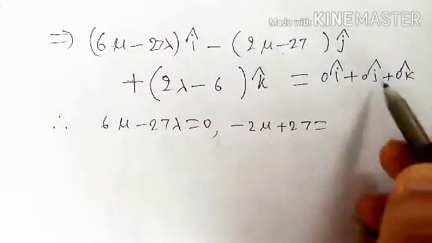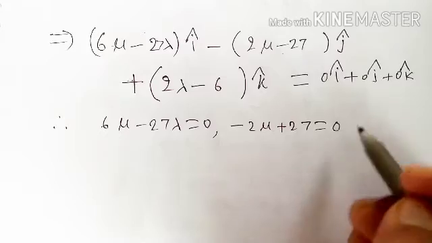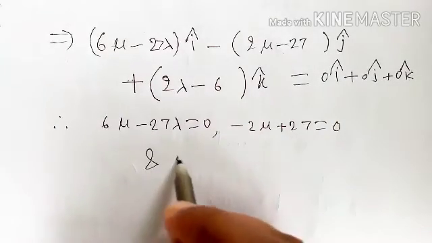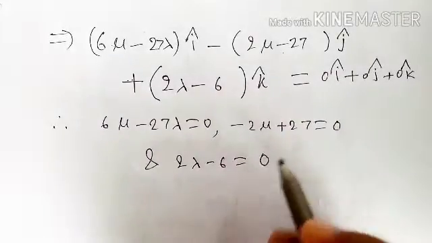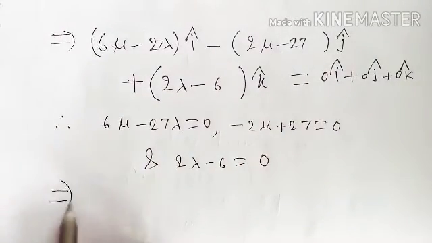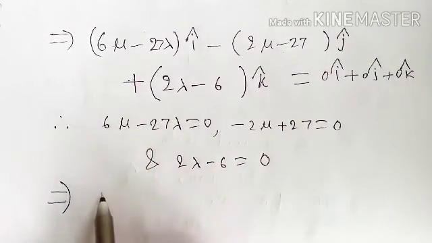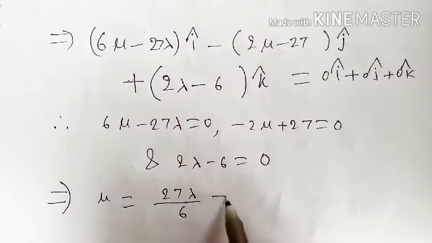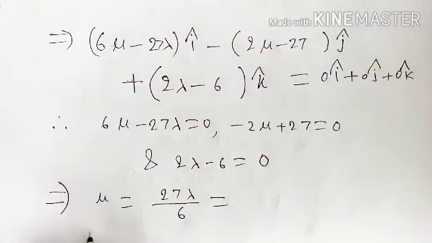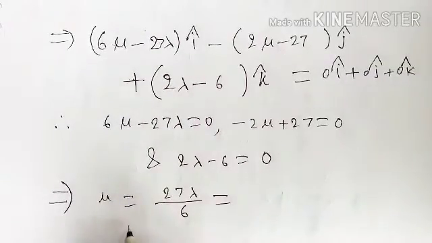Here we have corresponding component 0 and 2 lambda minus 6. Its corresponding component is 0 here. So we have mu is equal to 27 lambda by 6, and from the second we have 2 lambda is equal to 6.